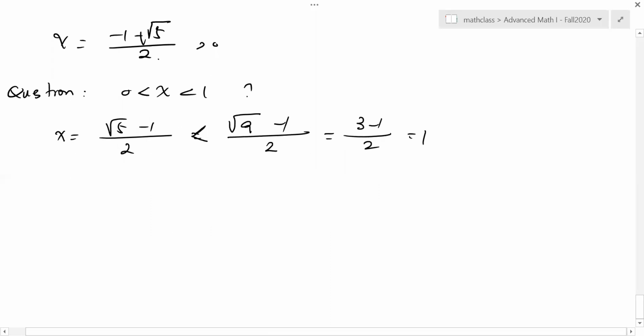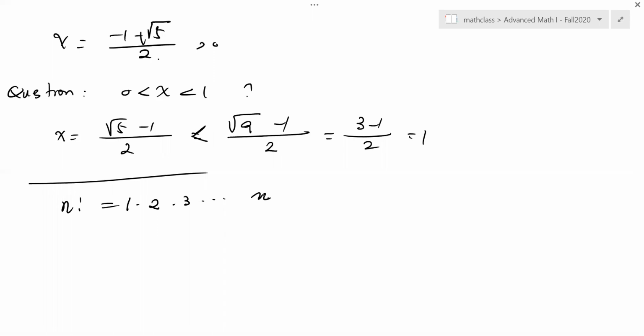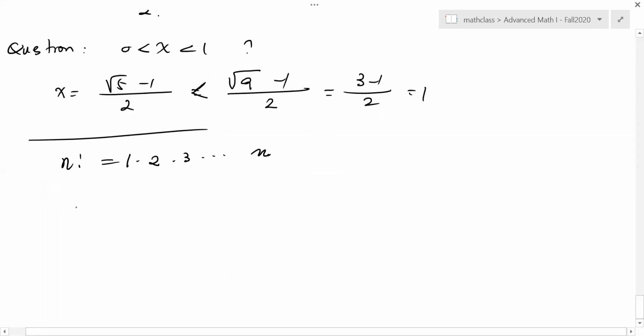All right. Have you heard about n factorial? n factorial is 1 times 2 times 3 all the way to n. But n factorial is quite special, right? It's 8 factorial when you see 1 times 2 times 3, 4, 5, 6, 7, 8. I can stop anywhere here.